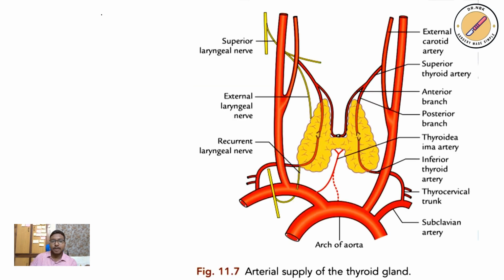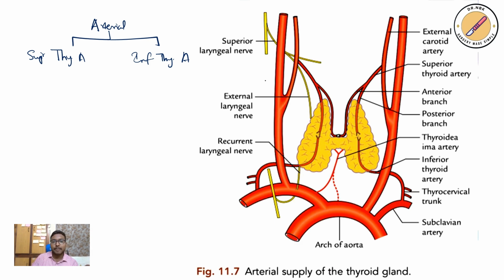So what is the arterial supply of the thyroid gland? There are two important arteries supplying on either side. One is the superior thyroid artery, the second is the inferior thyroid artery.